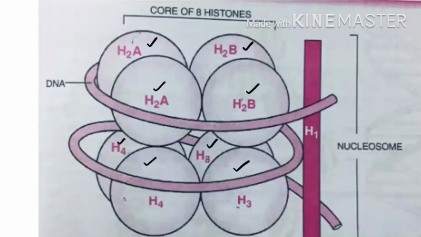So this is a core of 8 histone proteins. See the board carefully. So first of all, we'll prepare the histone octamer. It is also known as the nu body.